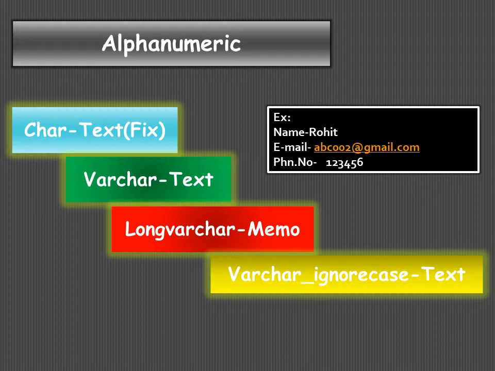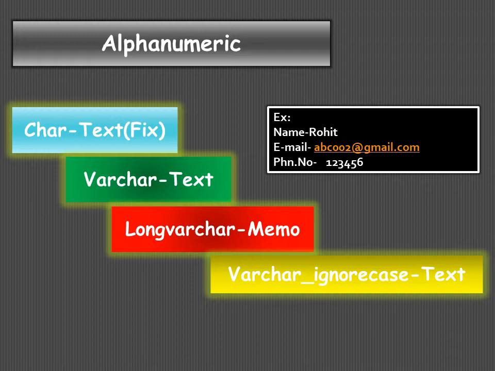Alphanumeric. What is the alphanumeric data type? Alphanumeric basically consists of two words: alpha and numeric. Alpha is related with text data, and numeric is number based data.